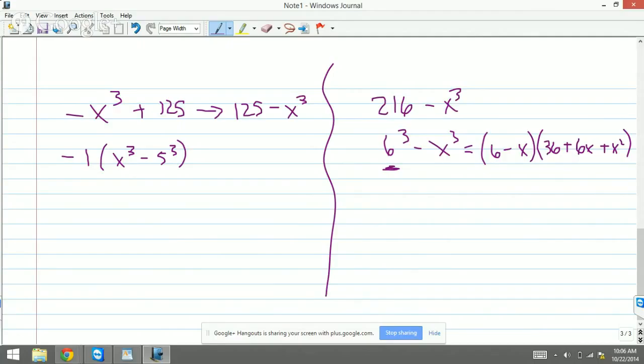There are some ways to manipulate these into what you need to factor them. So you could switch these and make it a difference of 2 cubes, or you can factor a -1 out. Does it make any difference to me? Okay, so just some ways to manipulate things. Are you good with that?